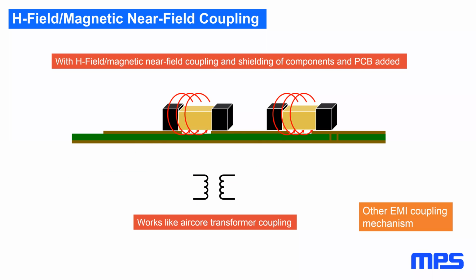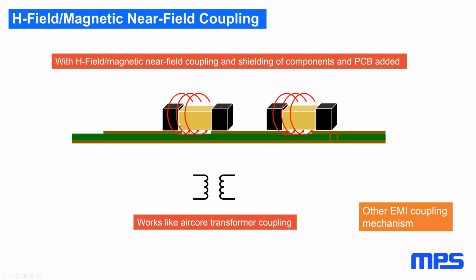In addition to that, you will have magnetic coupling or transformer coupling. The magnetic field will couple into the next partner, so those are actually transformer windings. Magnetic fields are always created by currents. So currents through capacitors form a magnetic field, and that couples into another.